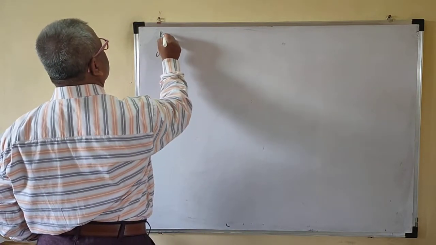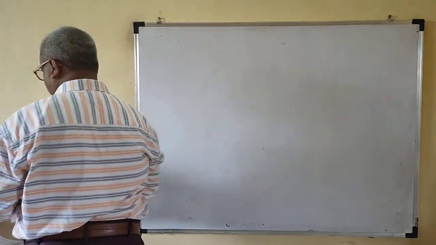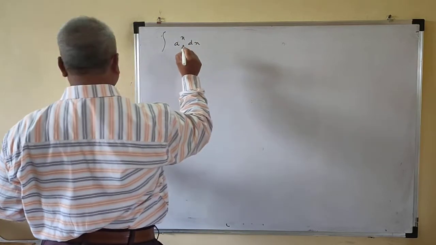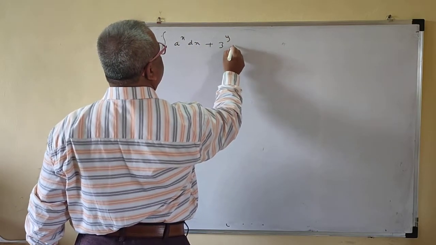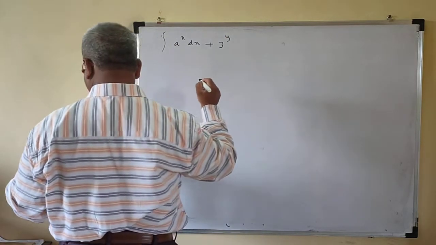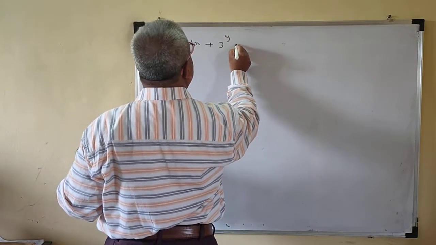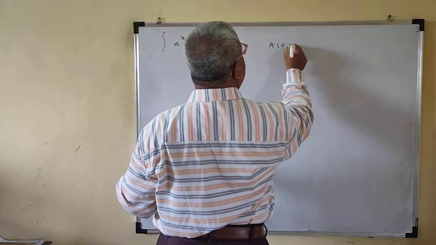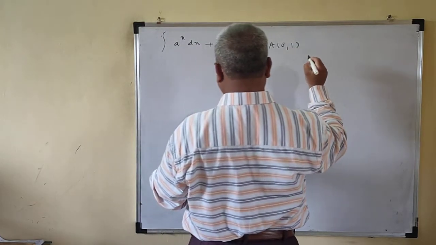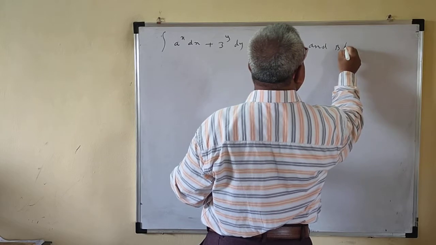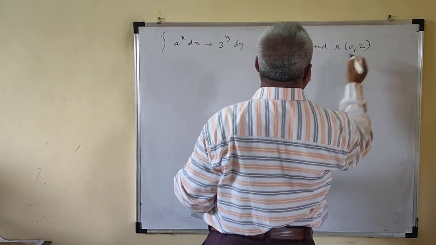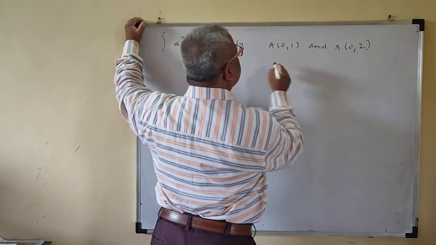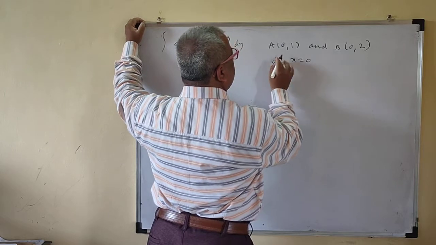Suppose you evaluate this: integration of e raised to x dx plus 3 raised to y dy, from A (0, 1) to B (0, 2), suppose. Again here, from A to B, x is 0.